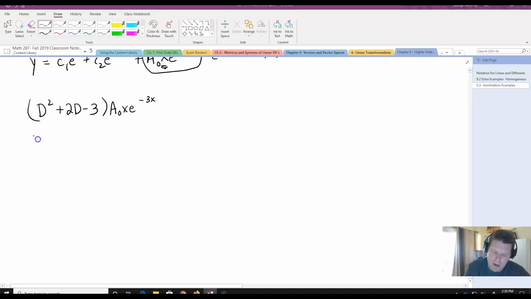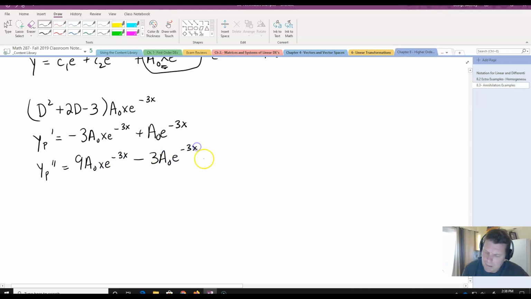First find yp prime, and that will equal negative 3 a naught x e to the negative 3x plus a naught e to the negative 3x. Yp double prime will then equal 9 a naught x e to the negative 3x, minus 3 a naught e to the negative 3x, minus 3 a naught e to the negative 3x. Cleaning that up a little bit, we end up with 9 a naught x e to the negative 3x minus 6 a naught e to the negative 3x.